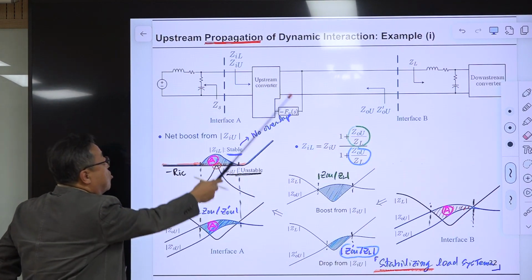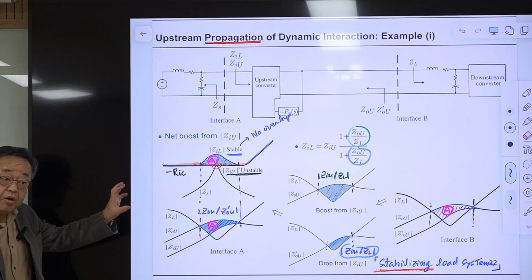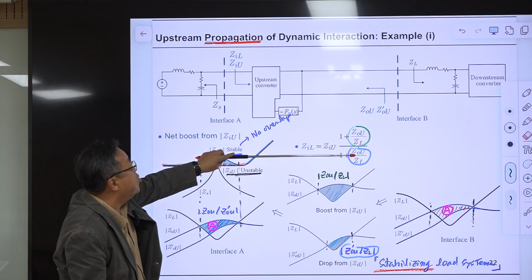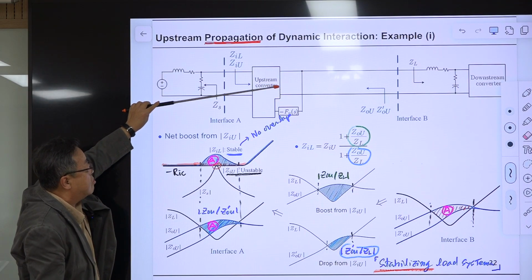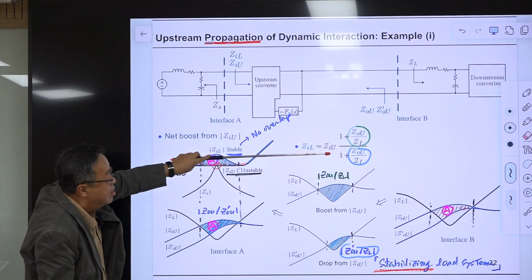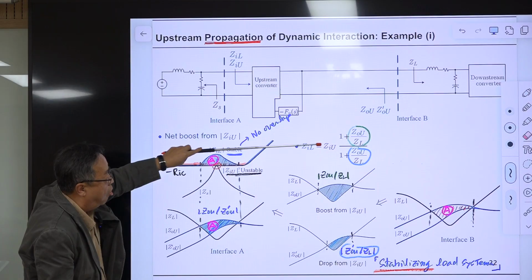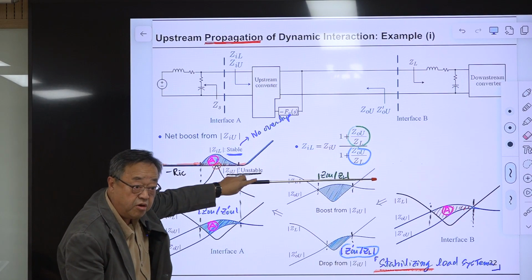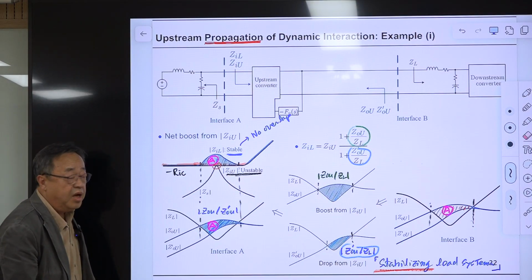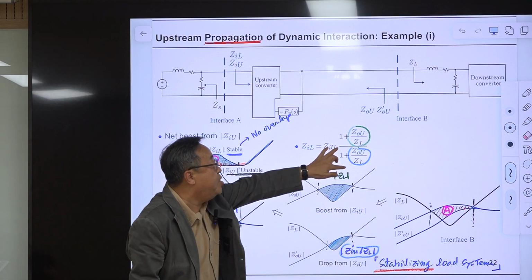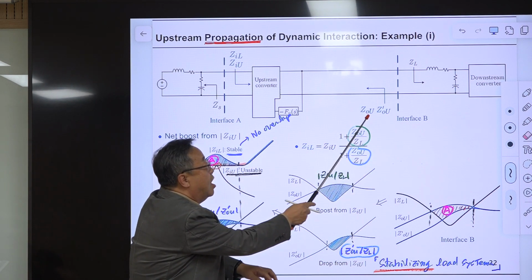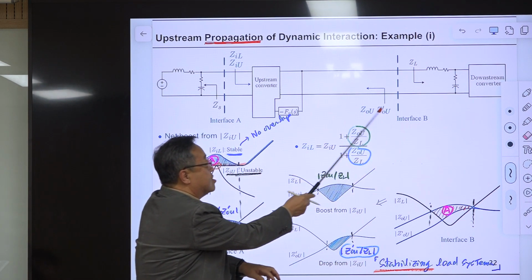Then this converter becomes a load coupled converter, and you have this equation. This is the input impedance of the load coupled converter, as given by this, and this is the input impedance of the uncoupled converter. We have two factors here, modification factors, determined by the ratio of this and this, and the ratio of this and this.